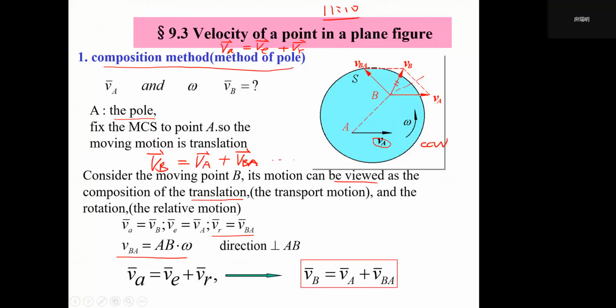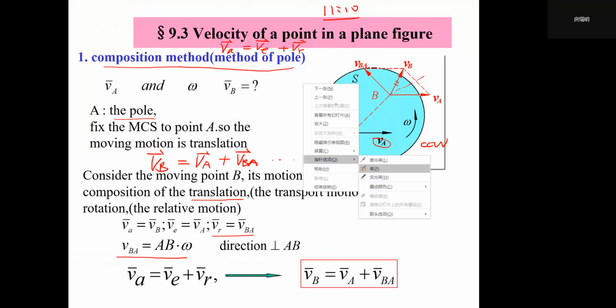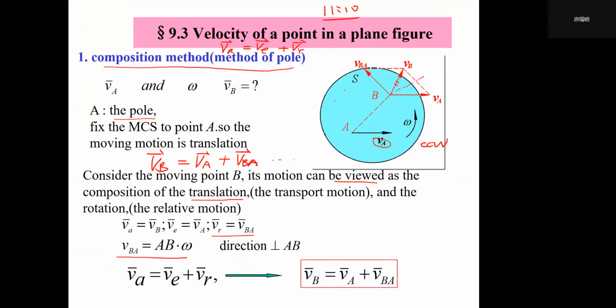So for any other point, you can arbitrarily select a letter to denote it, let's say M. We can always use the same principle. So we can first write this pattern of a vector equation. VM, the absolute velocity of point M, will equal VA, because A is the pole, the reference point, plus VMA. That is, point M's relative rotation around the point A, right?